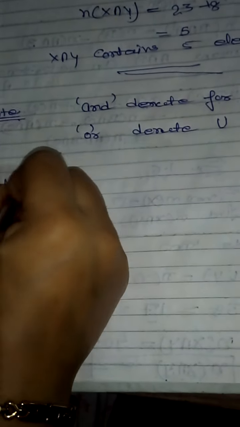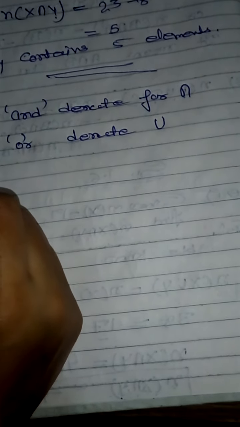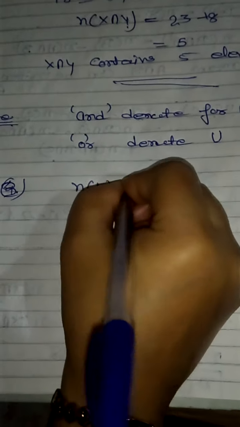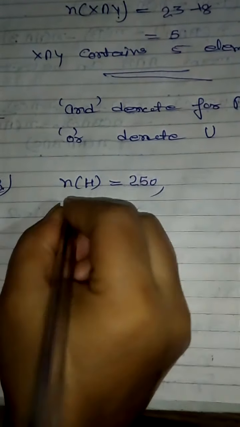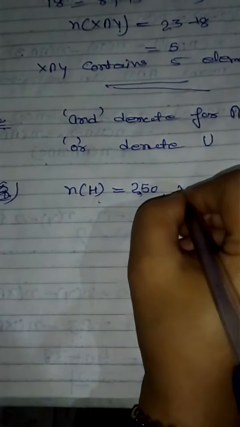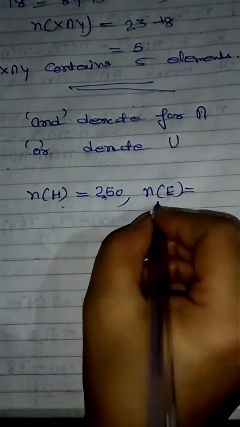So here in the question, what is given? In a group, you can read the question from the book. In a group of 400 people, 250 can speak Hindi, so we will write here n of H equal to 250. 250 people can speak Hindi, and n of E, the number of people who speak English, is 200.